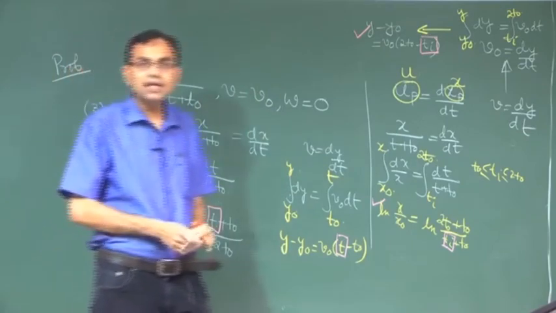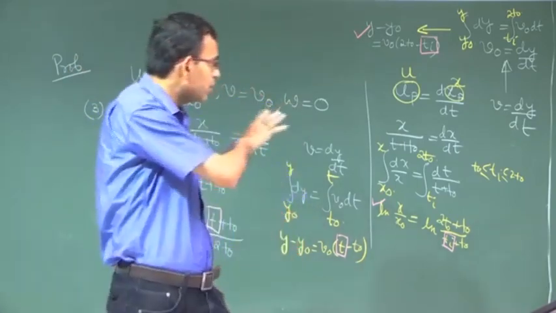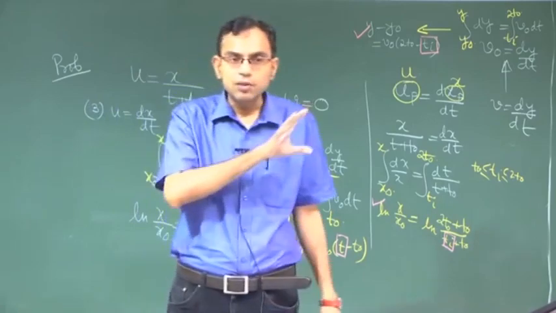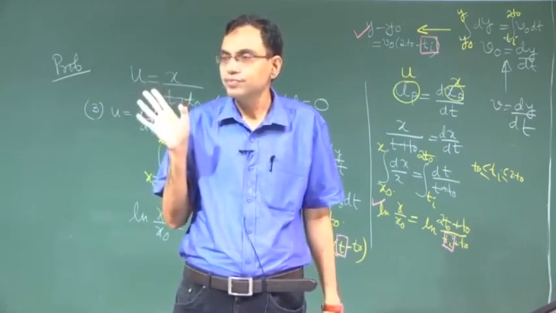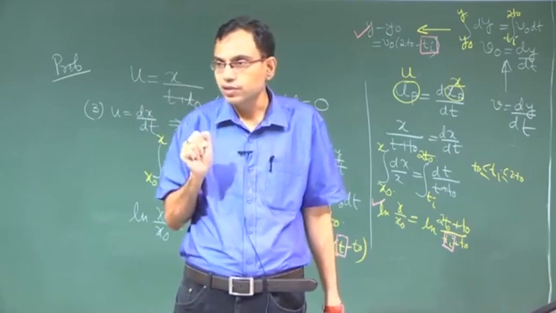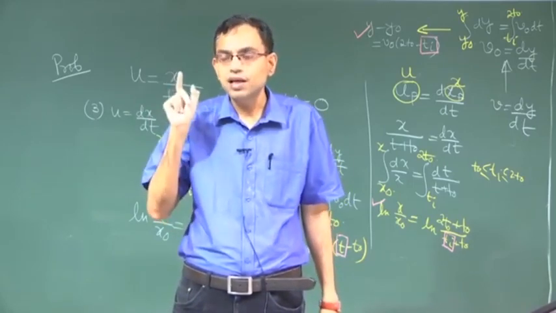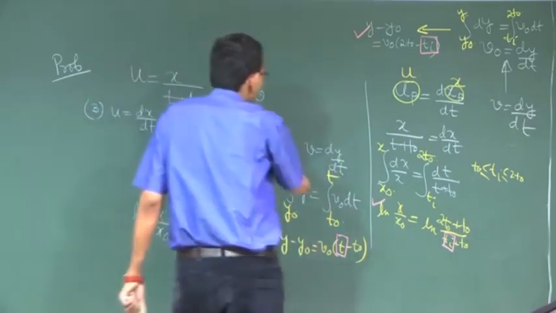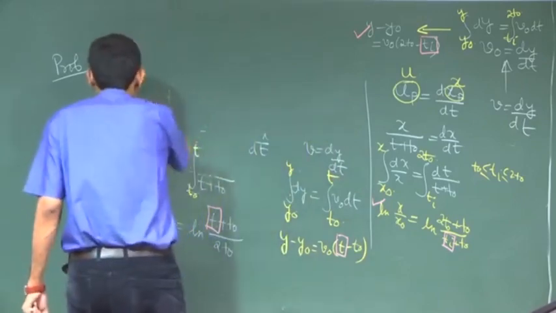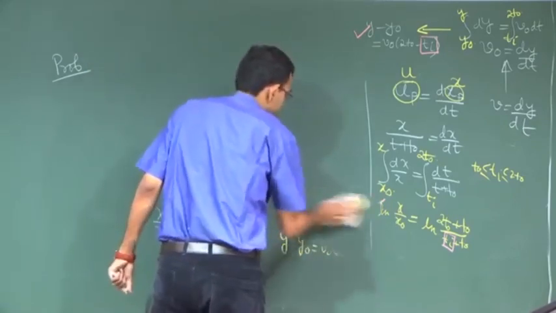So, you can clearly see that streamline, streak line and path line, although we have not worked out the final answer, but at least from observation you can gather that these are not same in terms of equation. But there is a particular situation when these lines converge, and we will discuss that in a moment. That special case is the case of a steady flow.